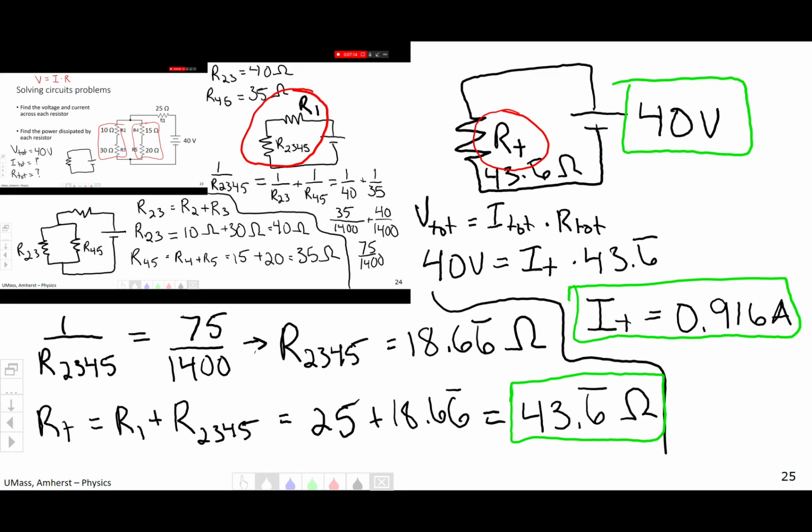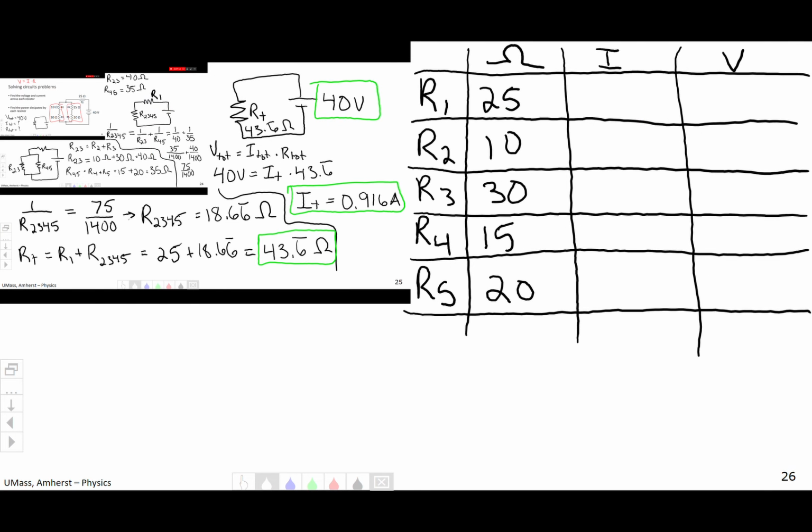So R1 and R2,3,4,5 each receive the same current because they are in series. Series resistors receive the same current. So that means that R1 receives 0.916 amps of current.